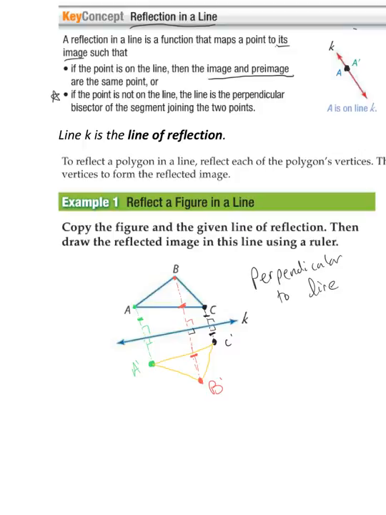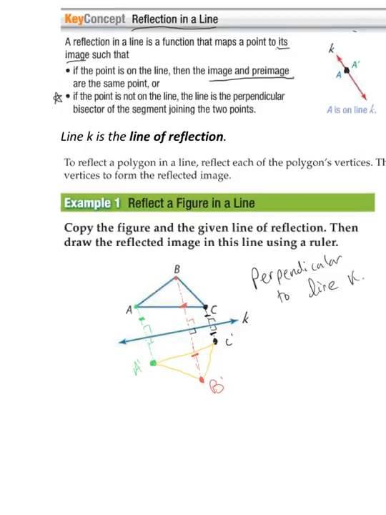Perpendicular to line K. All those segments were perpendicular to line K, and we tried to make them the same distance from line K, which we were eyeballing, guys. Like I said, if we had a ruler, that would be much easier.